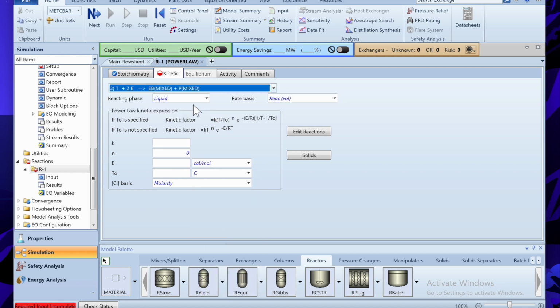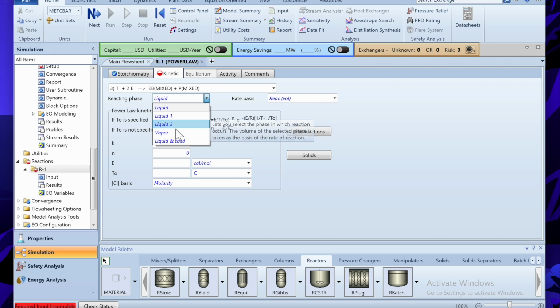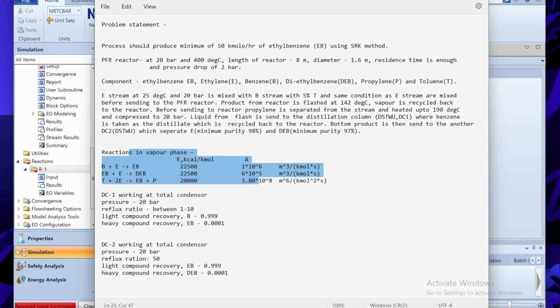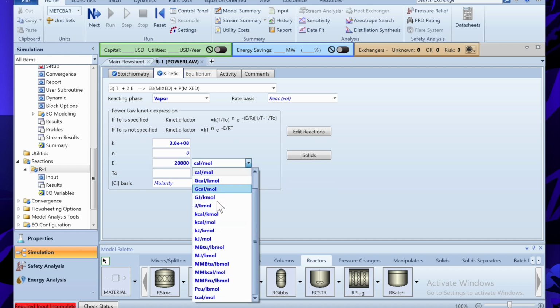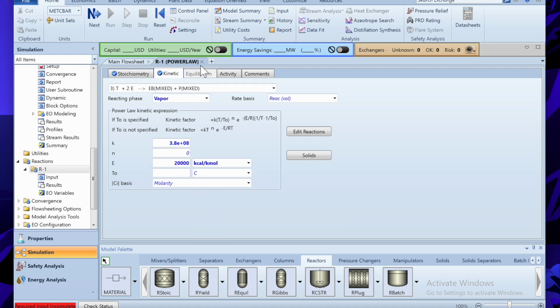Third one is 3.8. Okay. So click next for the next step.